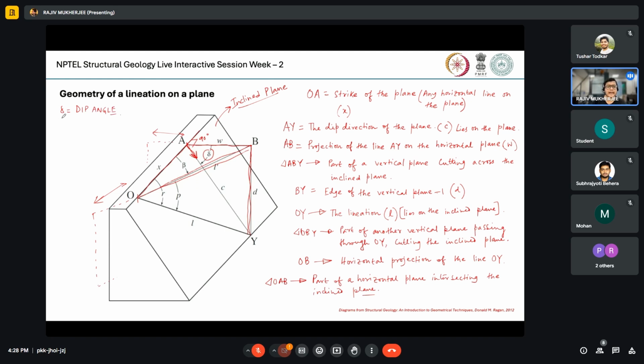And then we have another angle called R. If you follow it correctly, you can see that R is the angle between the line OA and the lineation OY, right?